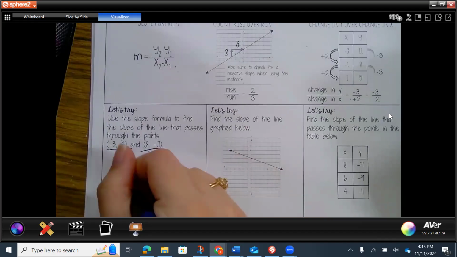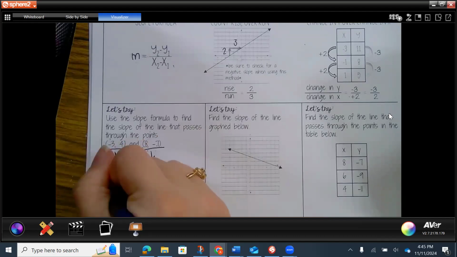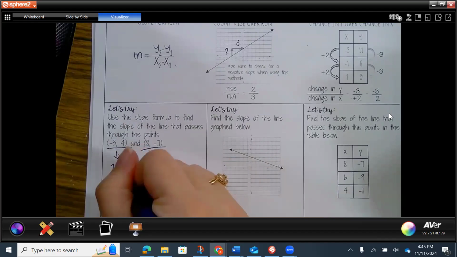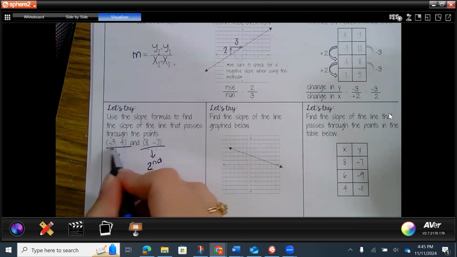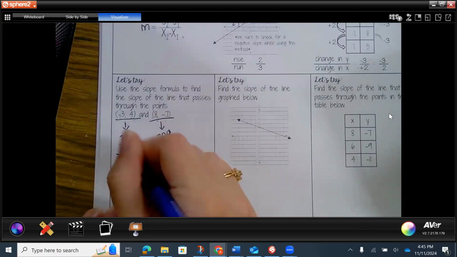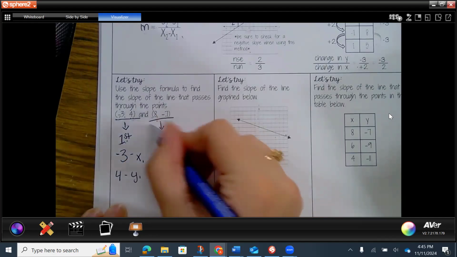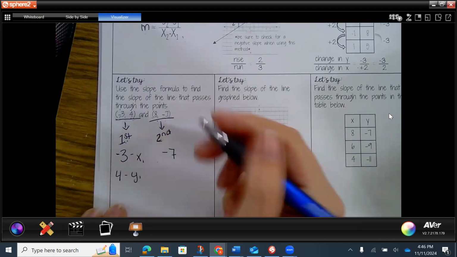So this point here, -3 is the x1. So it's the x value for my first point. 4 is my y1. It's the y value for my first point. If I'm looking at this one here, -7, I kind of did them in the wrong order.